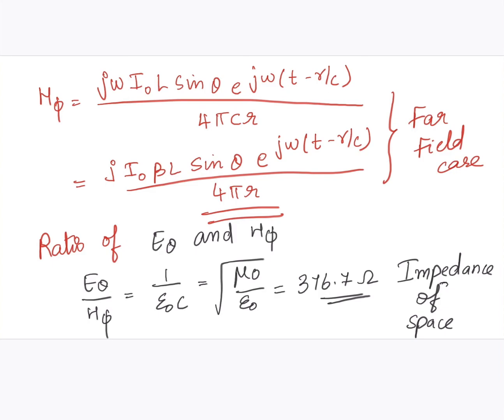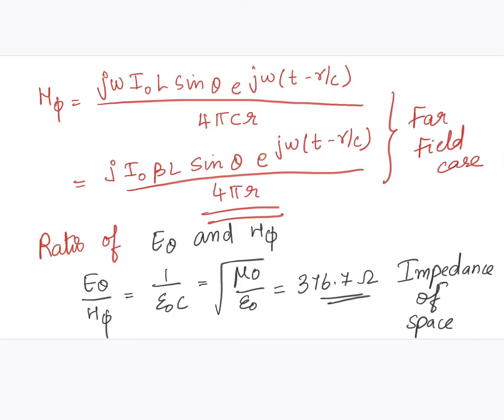Now if you take the ratio of Eθ by Hφ, many of the components will get cancelled, and what is remaining will be 1/(ε0 c), which is also equal to √(μ0 ε0)/ε0. So that is equivalent to the intrinsic impedance η, which is equal to 376.7 ohms. So by taking the ratio of electric and magnetic field, we can obtain the intrinsic impedance of free space.